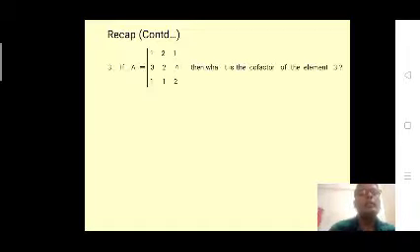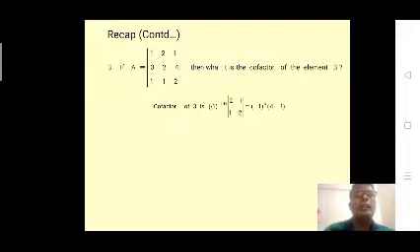If A is equal to [1, 2, 1; 3, 2, 4; 1, 1, 2], then what is the cofactor of the element 3? How can we find a cofactor of the element? Cofactor of 3 is, where is the 3? 3 is available in the second row and first column. So we have to take minus 1 to the power of 2 plus 1.